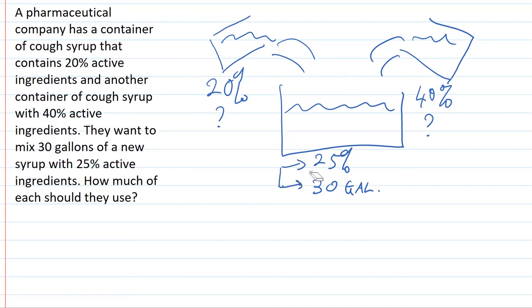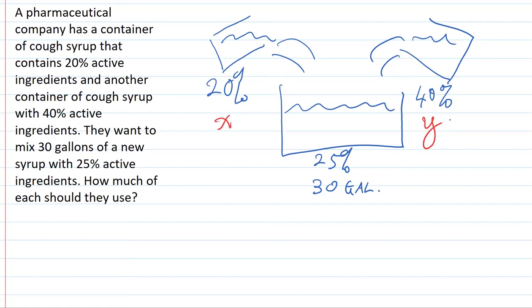And we have that information for the final product, but we don't have that information for the two components. So that gives us the idea that maybe the quantities of each component should be the unknown variables. And in fact, it is what the question is asking.